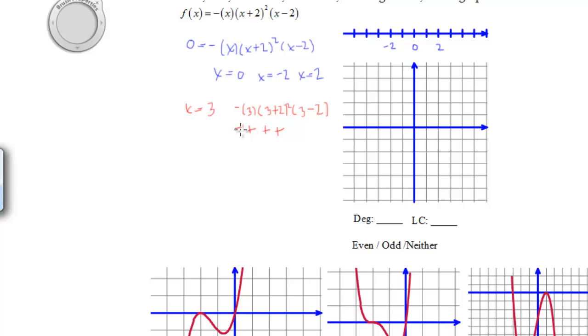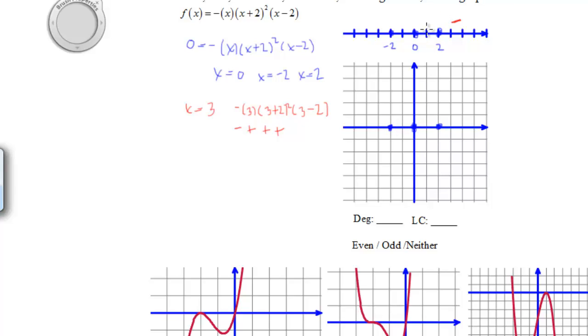And the product of a negative and 3 positives would be negative. So for this region we get a negative, and these are our zeros. What that tells us about the graph, the zeros, those are the points that are right here on the x-axis. So you can go ahead and fill them in on your sign chart because they are the zeros of the function.